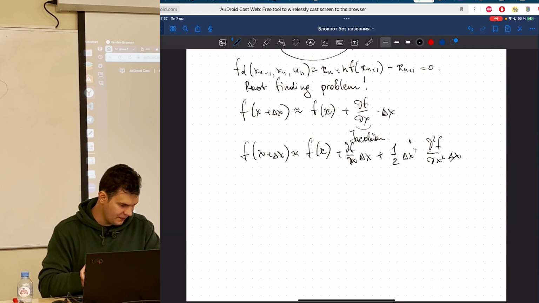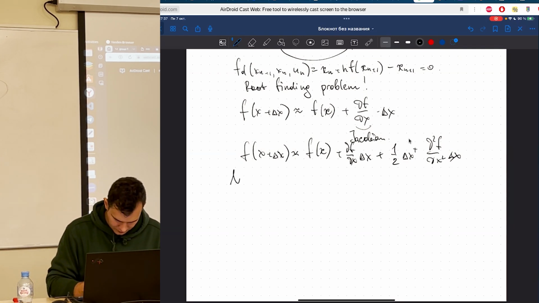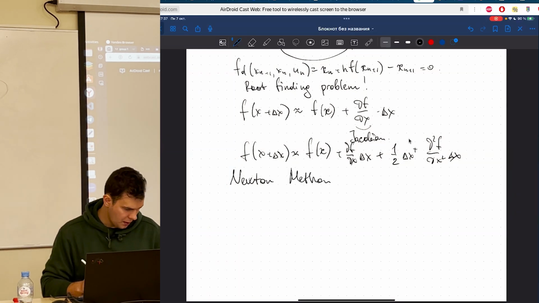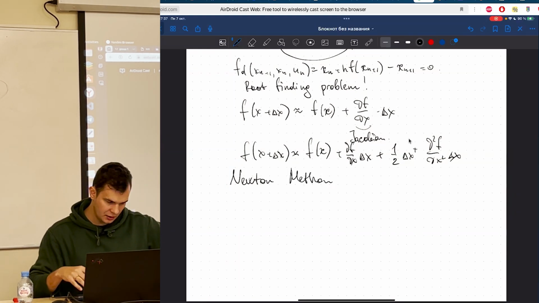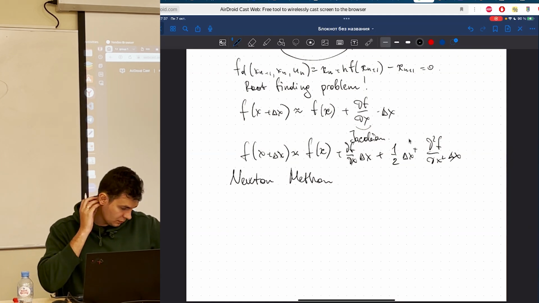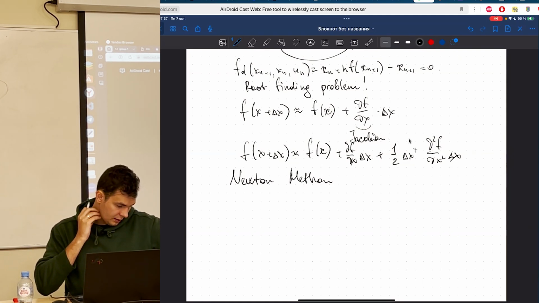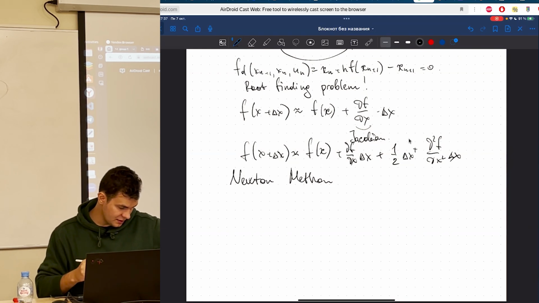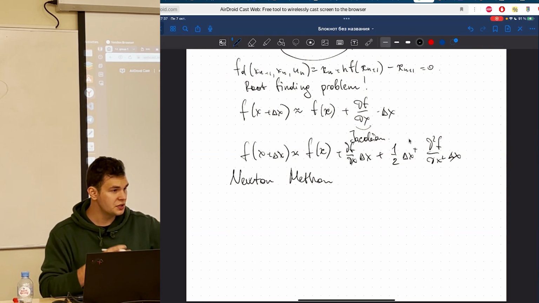And the Newton method basically uses this idea of approximation, and it sets the approximation to zero.